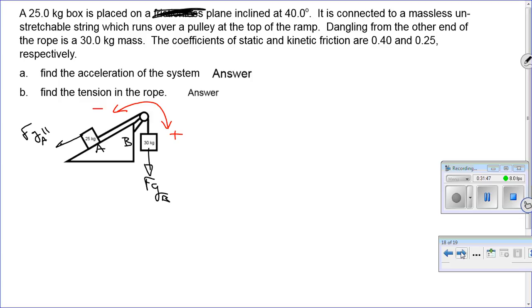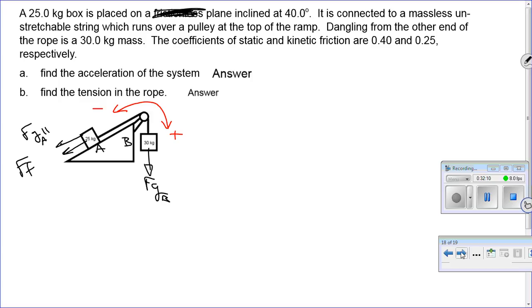Which one of these two forces is going to win? Isn't B going to win? Right, B is going to win. So the system is going to move this way, so which way is friction going to go? What kind of friction? We don't know yet.